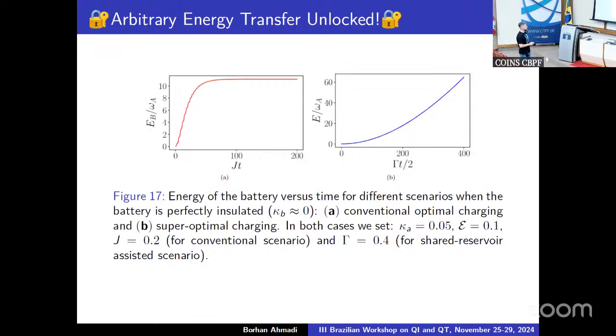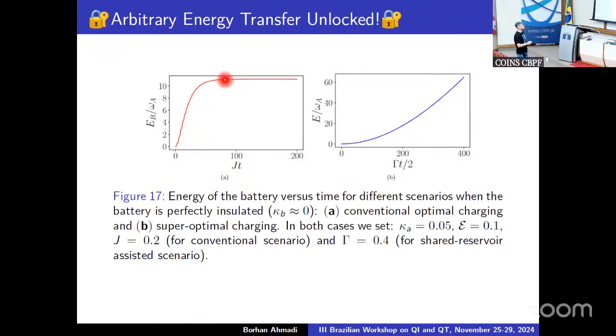As I said, the other thing that gives me this super optimal charging is that it allows for arbitrary transfer of energy when I am using the dissipative interaction rather than the conventional, coherent interaction.